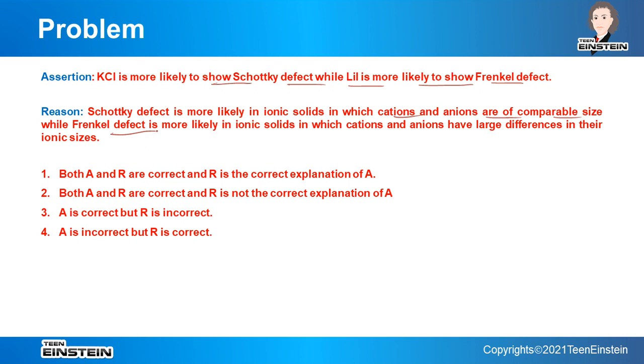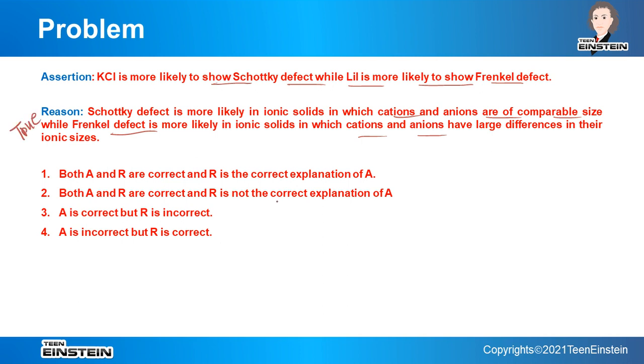And Frenkel defect is more likely in ionic solids where cations and anions have a large difference in their ionic sizes. So when there is a large difference in ionic sizes, we know Frenkel defect occurs. And when the sizes are very close to each other, Schottky defect is observed. So the reason is actually true.